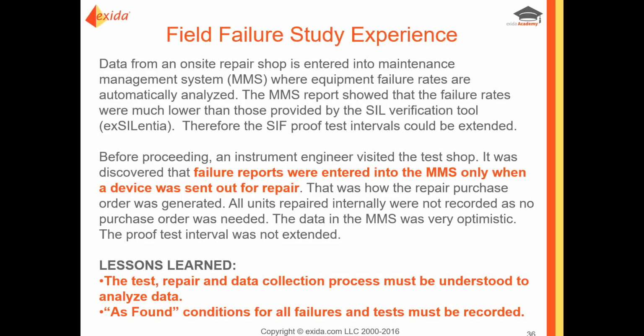But I will tell you the numbers on this particular slide did not include impulse lines or a manifold valve for that matter. What they did include in the average was remote seals and even high-low differential pressure remote seals, because we have exida has predictive data for remote seals.